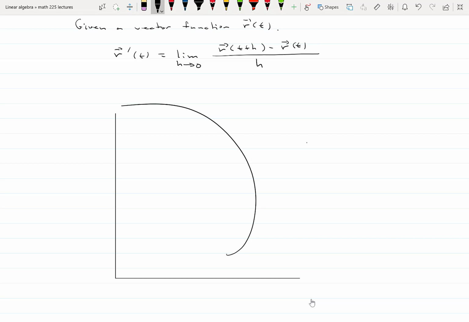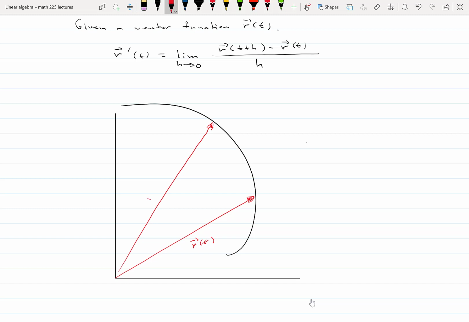Here's our curve, R equals r of t. And let's say this position vector I'm going to draw right now in red. This is the position vector at some time t, r of t. And let's assume that at some time t plus h, a little bit later, the position vector is here.